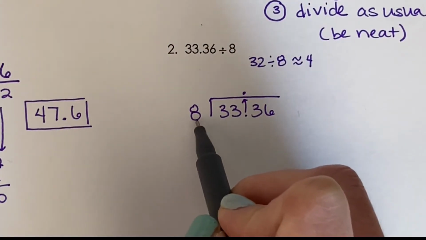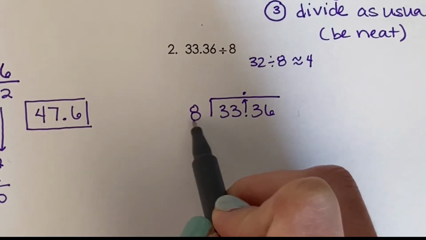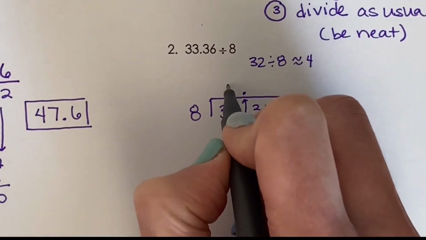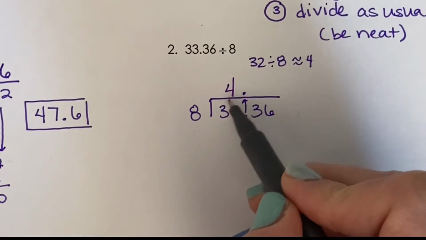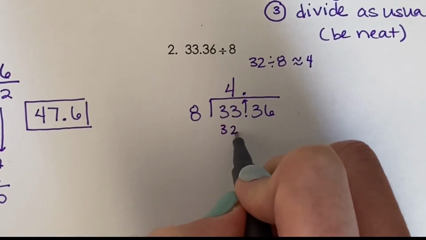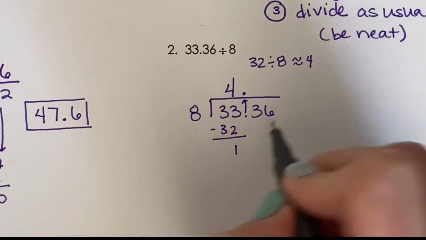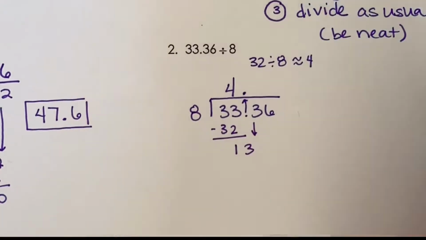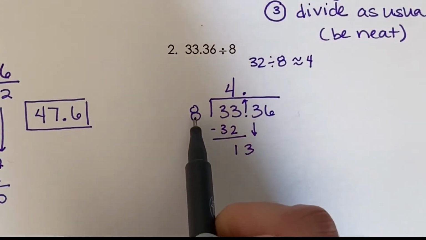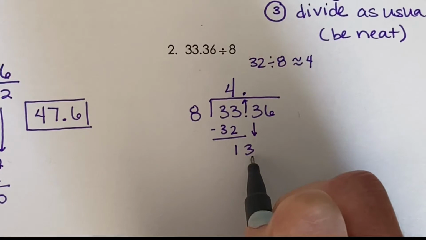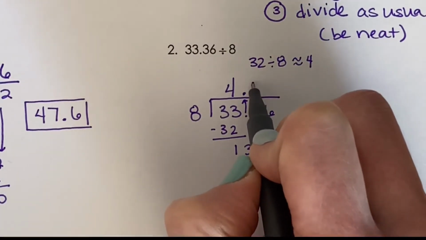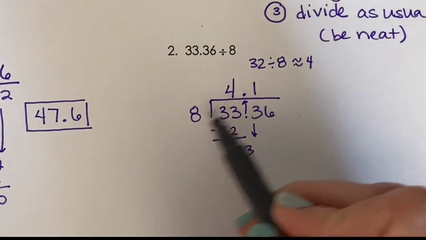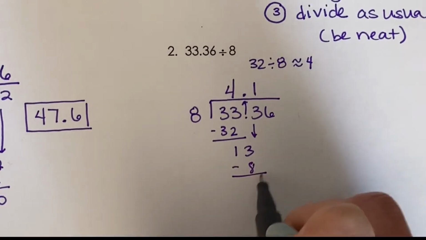How many times does 8 go into 3? None. How many times does 8 go into 33? 4 times. 4 times 8 is 32. Subtract. Bring down the 3. There's a little bit of a space, but that's okay. How many times does 8 go into 13? Once, and that goes straight above the 3. 1 times 8 is 8.